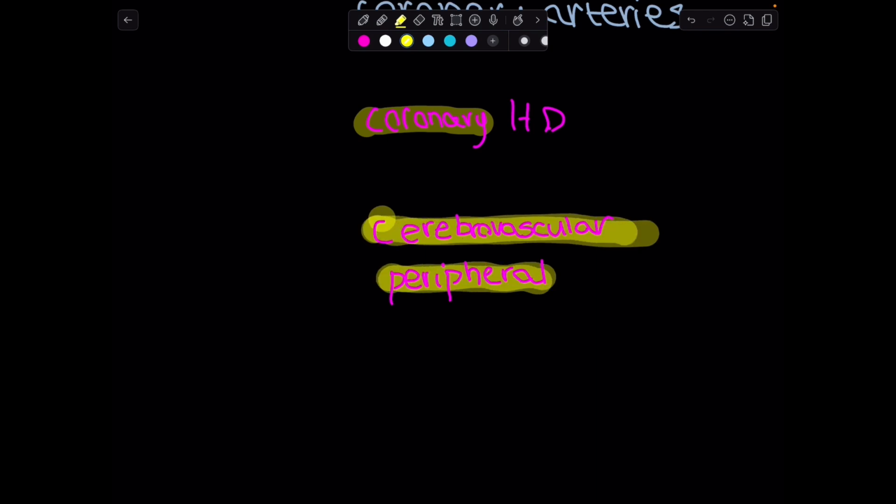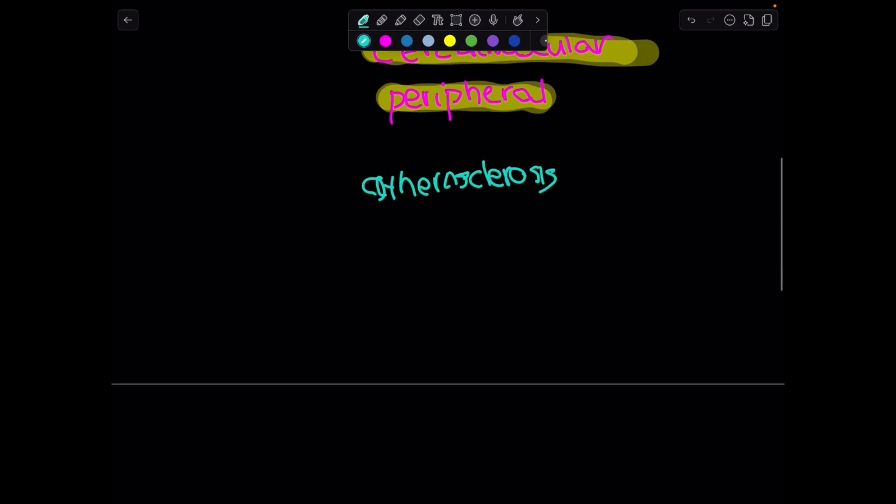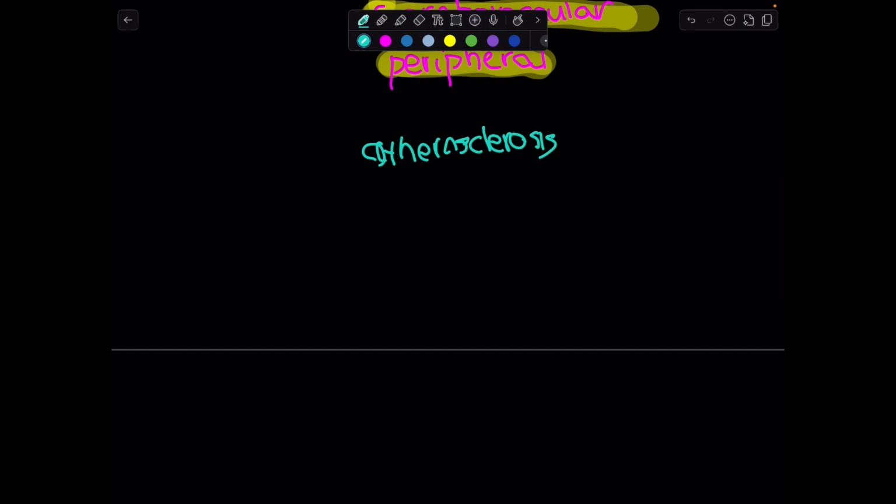IHD involves the coronary arteries, reducing blood flow to the heart, causing angina or heart attacks. Cerebrovascular disease affects brain arteries, leading to strokes or transient ischemic attacks. And peripheral artery disease impacts limb arteries, causing leg pain or claudication. Their treatments overlap, e.g., statins, lifestyle changes, but specific interventions differ, e.g., stents for IHD, thrombolytics for stroke.